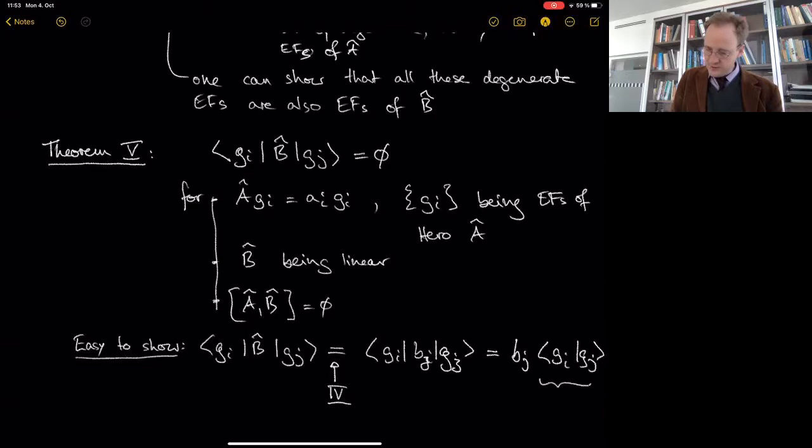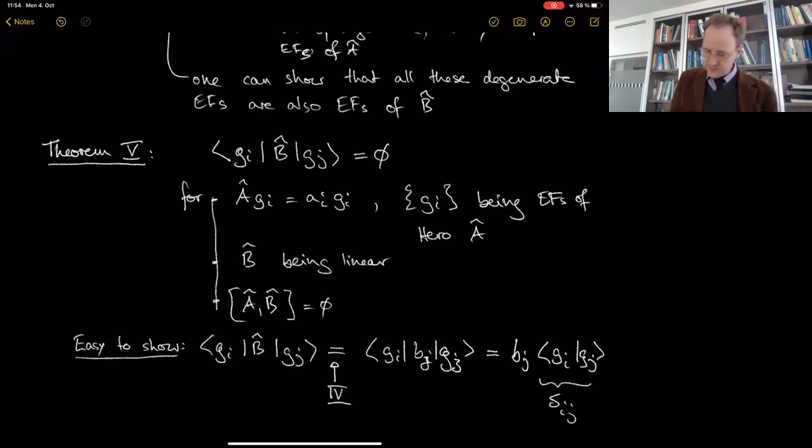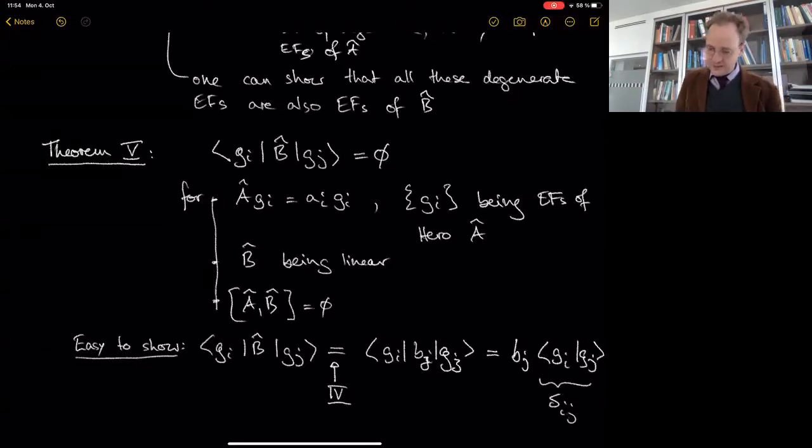And this, of course, is the Kronecker delta, so our orthogonality. So this cross term must be zero. If here we assume that i not equals j, then this must be zero.